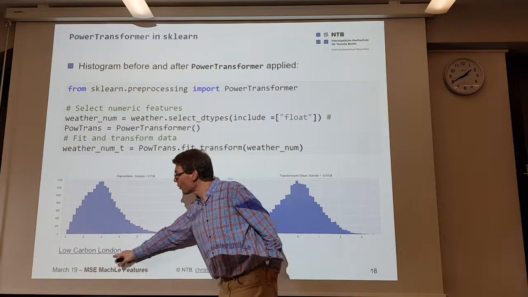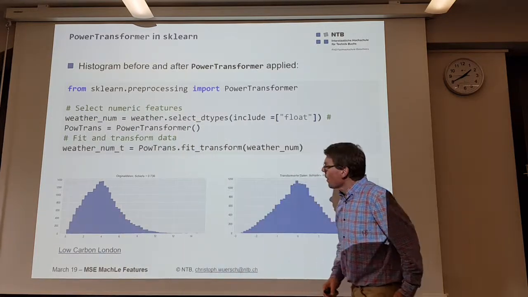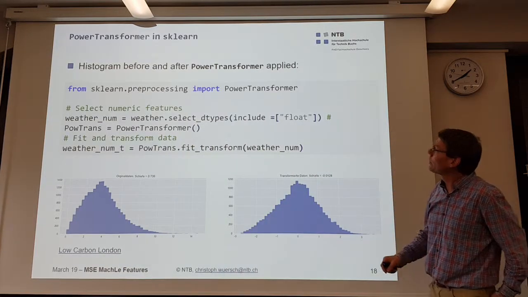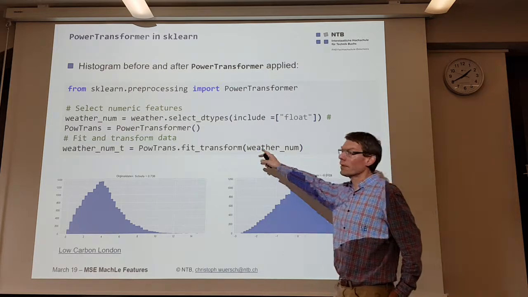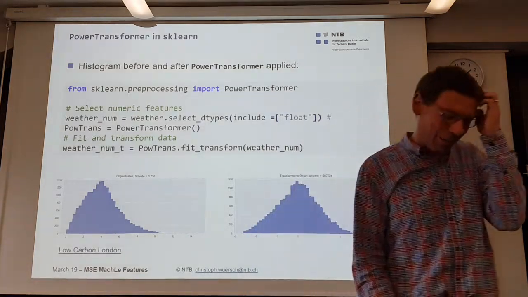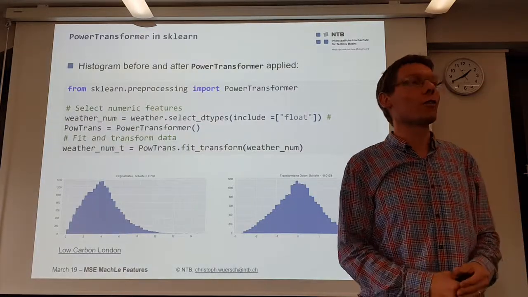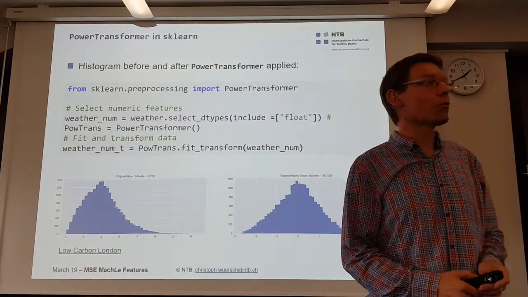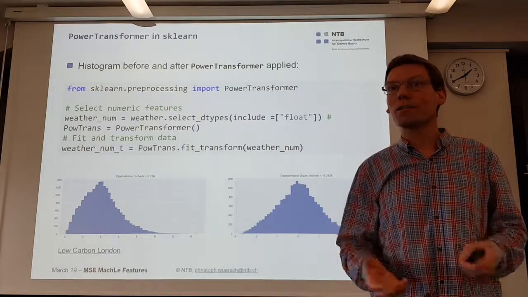This is data from the Low Carbon data. We look at weather data. The Low Carbon data is measured in the UK, where they measured, I think, 570 households over years, the power consumption, and tried to correlate it with the weather.